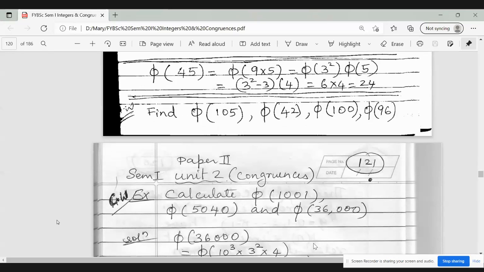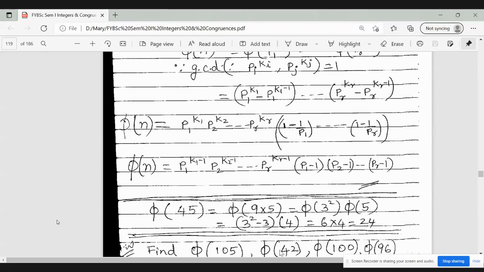Now 36,000 is done first. 1000 I write as 10 cube, then I write 3 square into 4. You can do it like this, or you can do by another method. See which formula you want to use. I think this formula will help you very quickly.